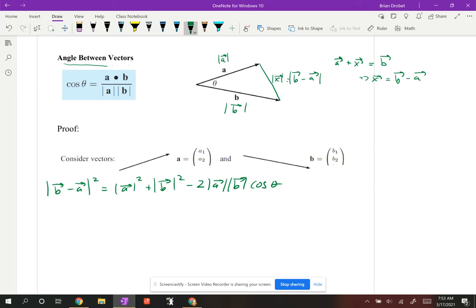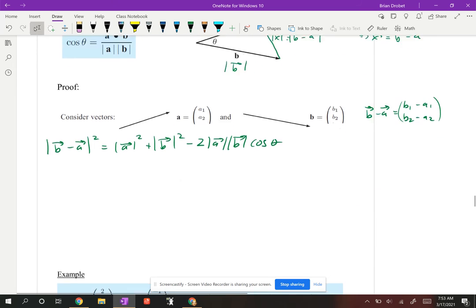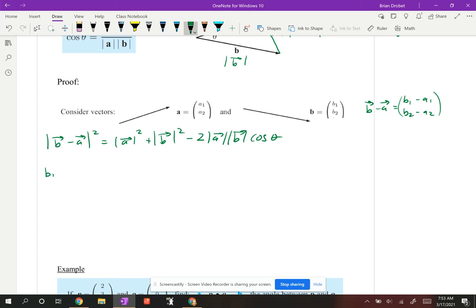If we define A to be A1, A2, and B to be B1, B2, then it follows that the vector B minus A has components B1 minus A1 and B2 minus A2. So the magnitude of that vector on my left-hand side is going to be the square root of B1 minus A1 quantity squared plus B2 minus A2 quantity squared, but then I'm squaring it, which undoes the square root.